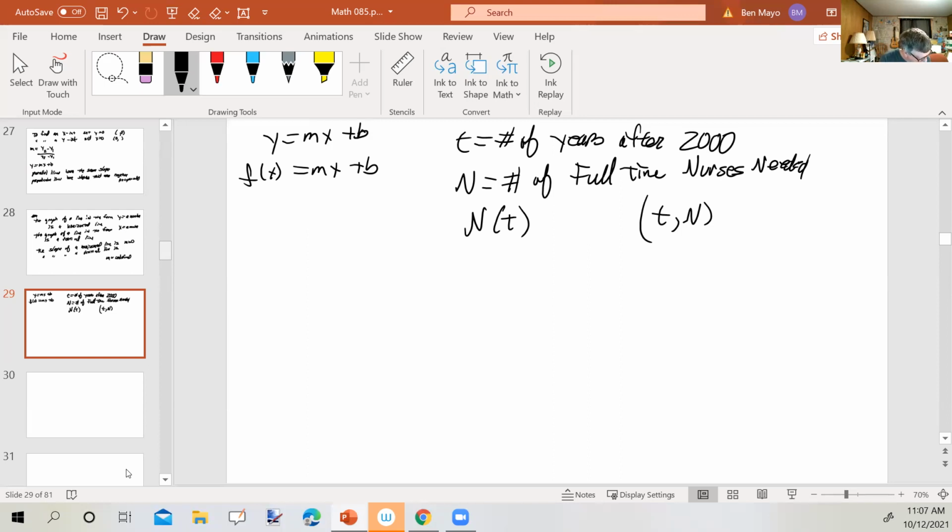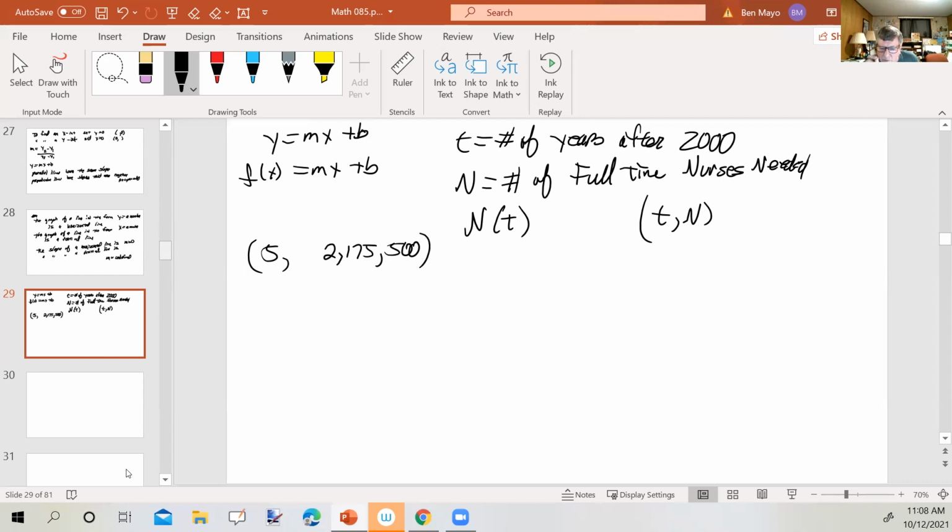The demand for full-time registered nurses in the United States can be modeled by a linear function. In 2005, time would be 5 years after the year 2000. In 2005, approximately 2,175,500 nurses were needed.